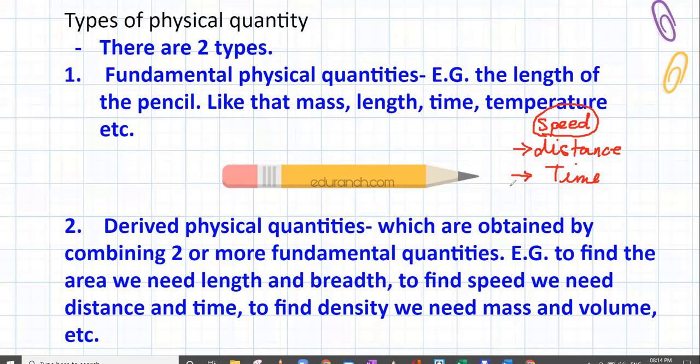One is distance and one is time. So based on those two fundamental quantities, we are going to find the value of speed. This type of quantities which we find based on two or more fundamental quantities, we call derived physical quantities. We will learn about this in our later slides.